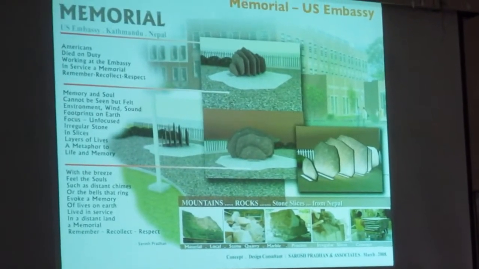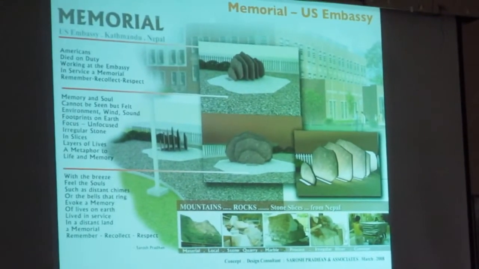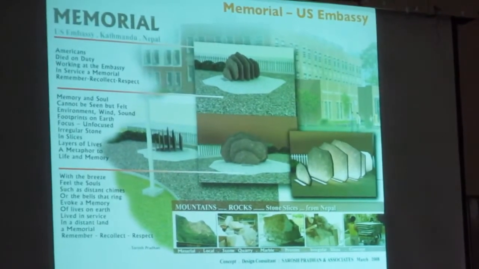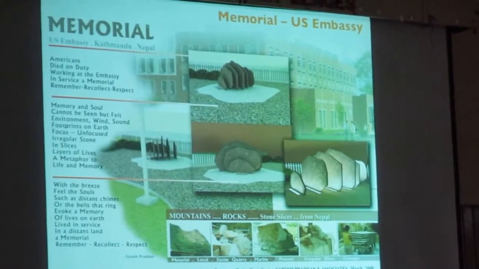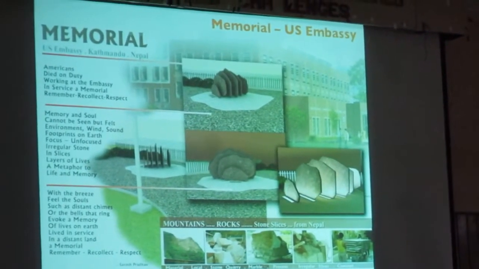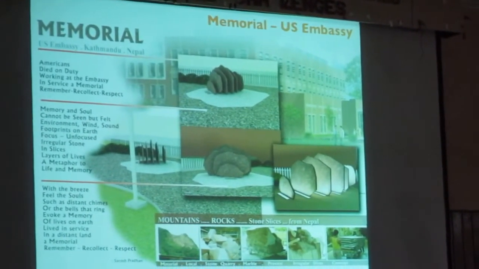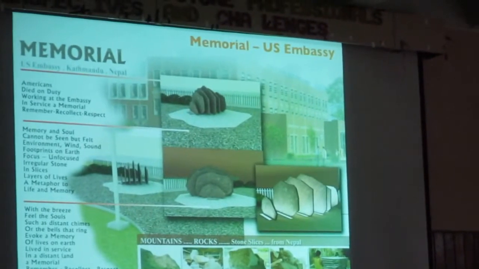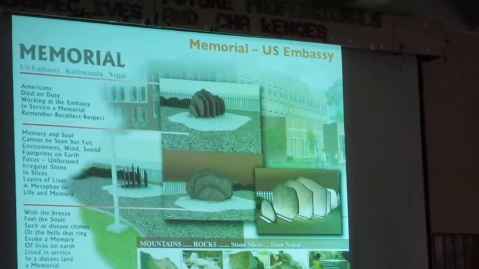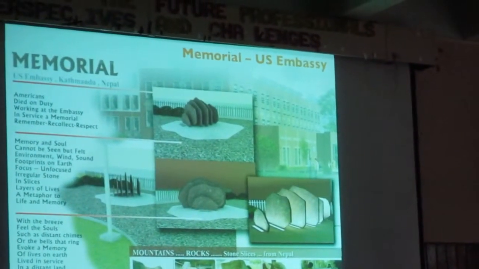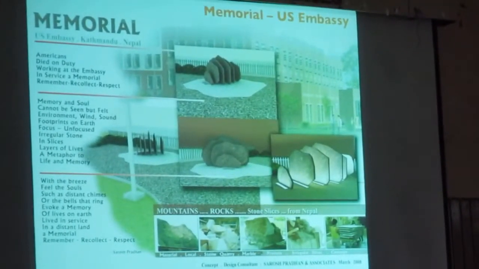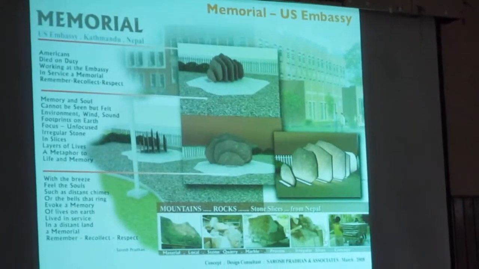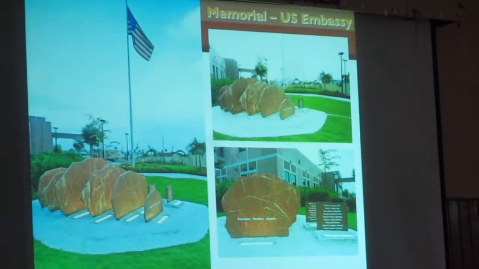And the thought was really, after this little poetry about remembrance, recollection, and respect, to have a structure that looked like a huge stone, but were really slices. And as you walk around, you see the slices related, a metaphor to memory, that it is there, but it is not there. So the ambassador really liked the thought of this, and it was our privilege to have it built.